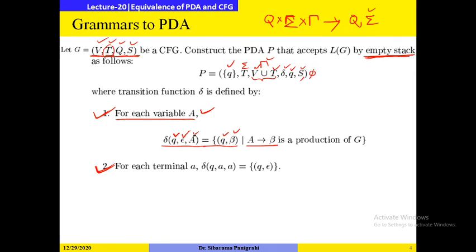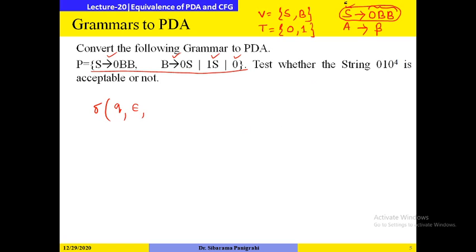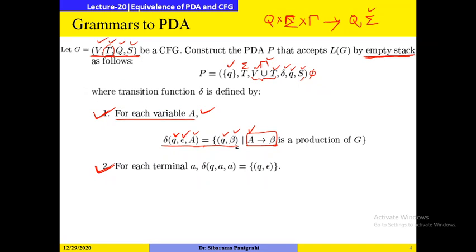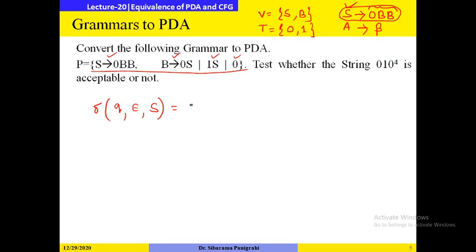Then A is the left-hand side of the production A gives beta. Here the production is S gives 0BB, so A is S. So I write delta of q, epsilon, S equals (q, beta), sorry, (q, beta). Here beta is 0BB, so we write (q, 0BB).